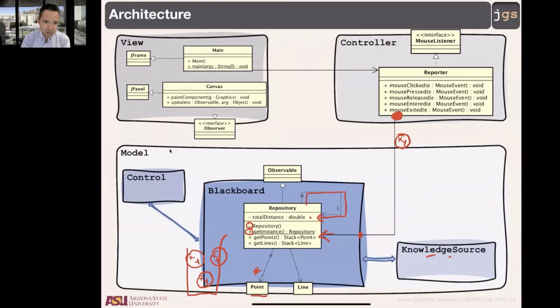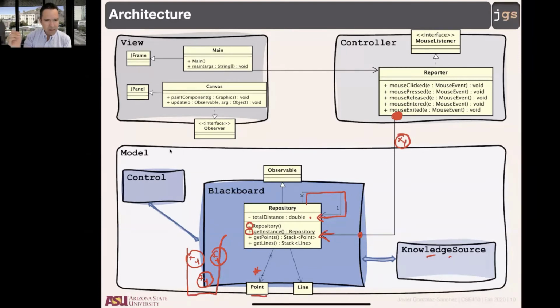So at this point, you can be thinking, well, this asterisk here, as we talked before, is going to be a data structure. Moreover, it's going to be a dynamic data structure, because the repository is going to have 0, 1, 2, 3, n number of points. What I am going to use is a singleton. Therefore, this class should be able to access the singleton, as you know, with get instance.